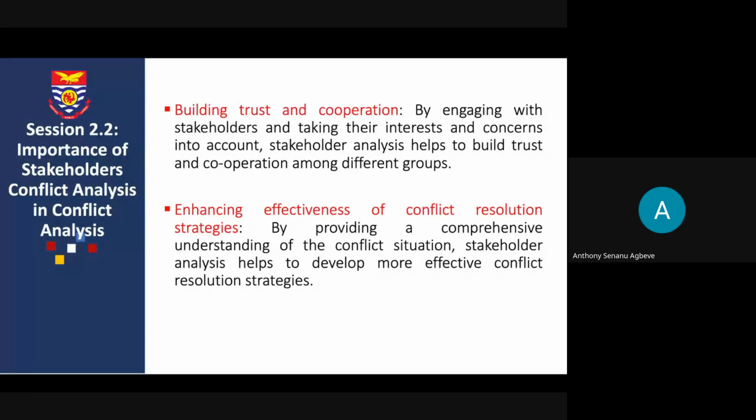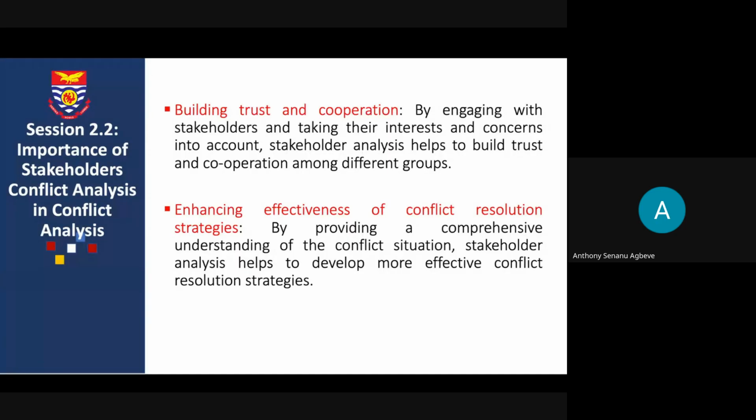And then it also enhances the effectiveness of conflict resolution strategies, right? Because you are bringing different stakeholders together, you are taking on board their diverse interests and concerns, right? So everyone is allowed to speak at this point. Every stakeholder is allowed to speak.